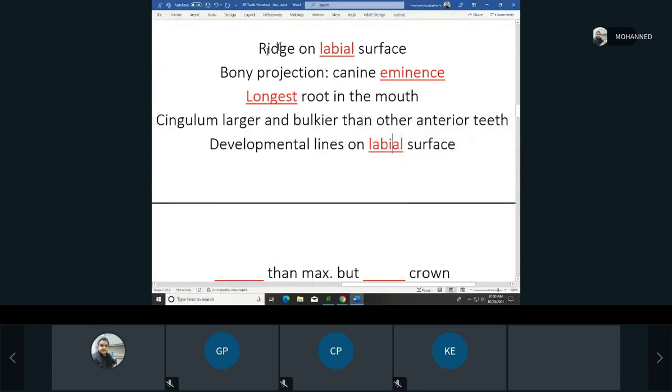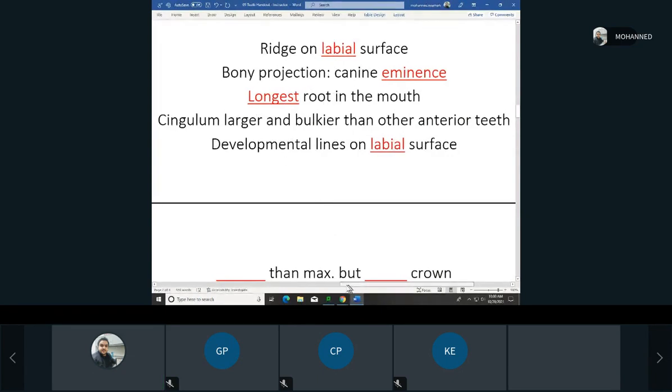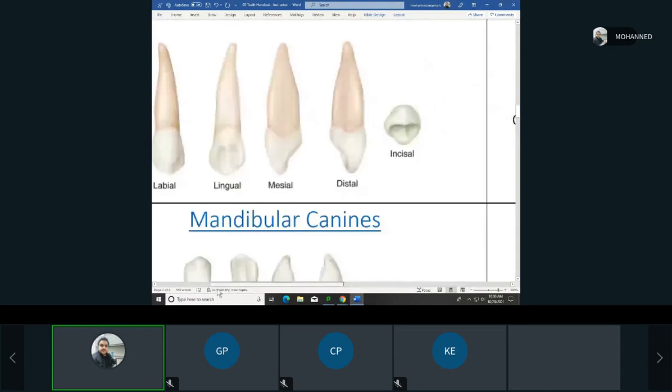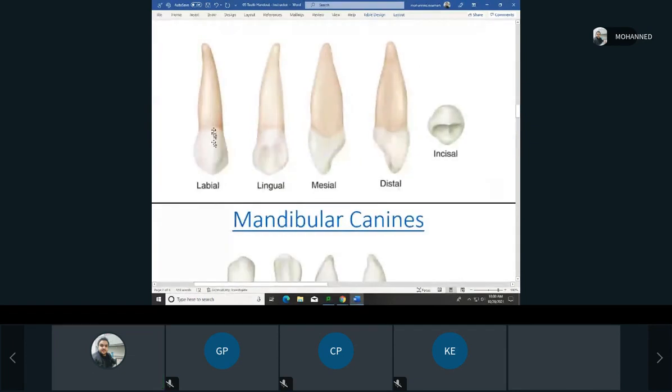These are the lines on the separate sides. So this is the labial ridge here in the middle, and that's the lingual ridge on the lingual side. These are the fossae, and the developmental lines on the canine show as a little bit more of a depression on either side of the labial ridge.